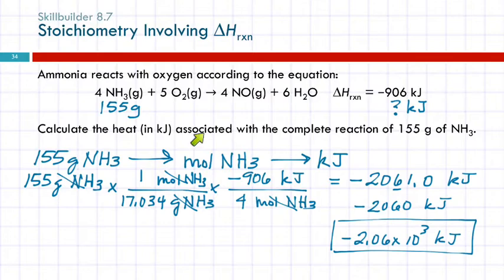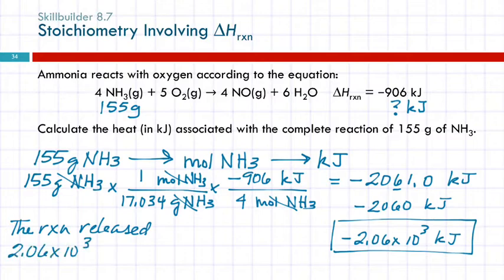Here it's asking for the heat associated. So I can give this as a negative number, which tells the reader this much energy was released. Or I can write a sentence and say the reaction released 2.06 times 10 to the third kilojoules of energy.